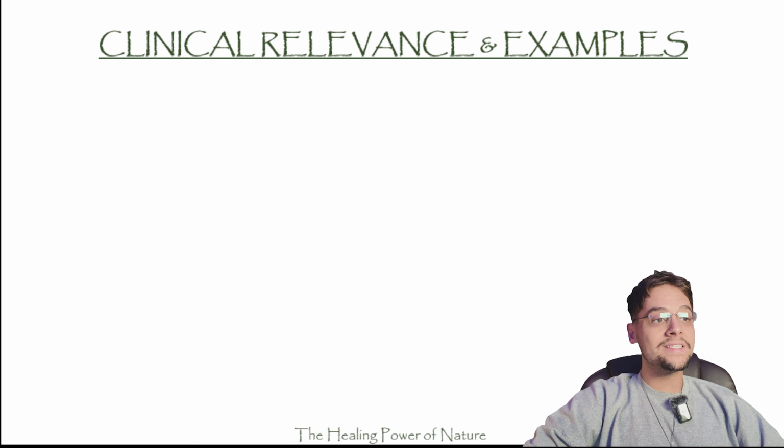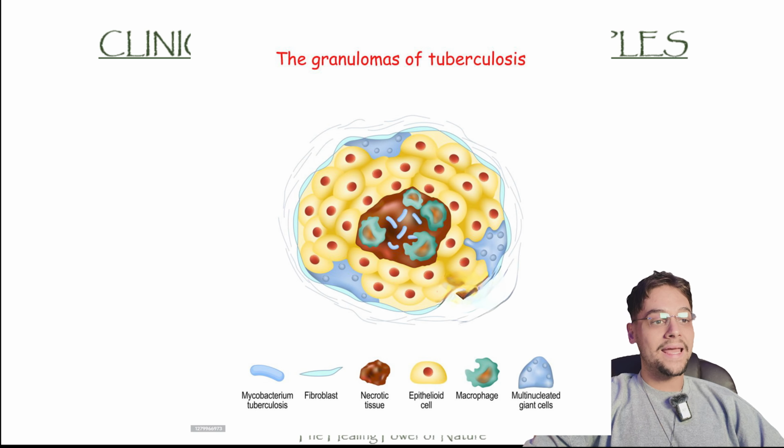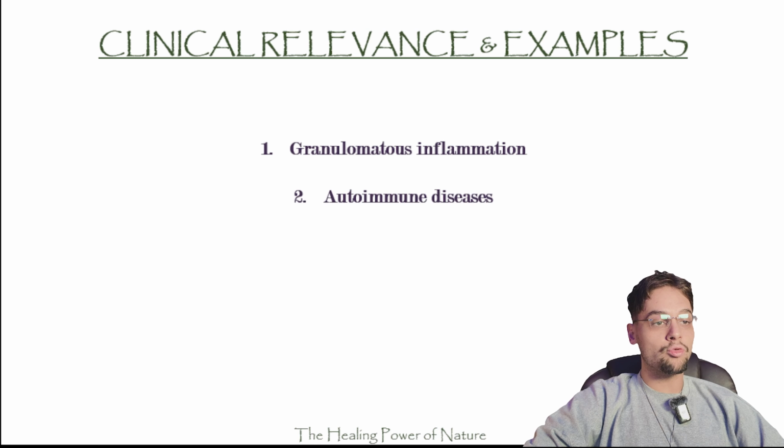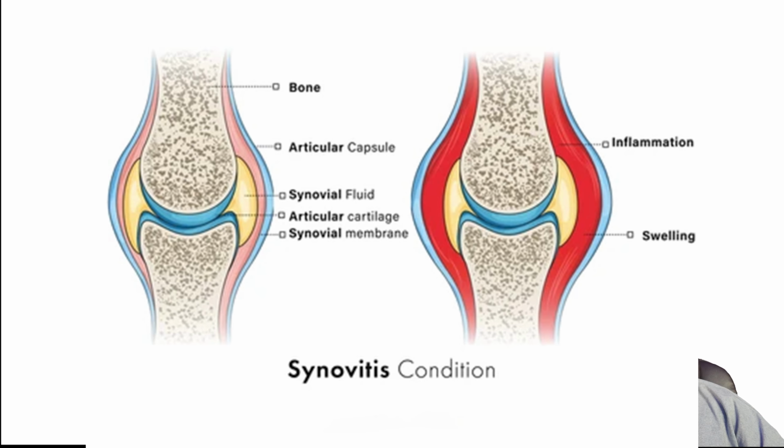So the clinical relevance and examples: granulomatous inflammation, a subset of chronic inflammation. An example of this would be TB. They create caseating granulomas, which is a central necrosis surrounded by epithelioid macrophages, giant cells, and lymphocytes. Also in autoimmune diseases like rheumatoid arthritis, chronic synovitis leads to joint destruction.